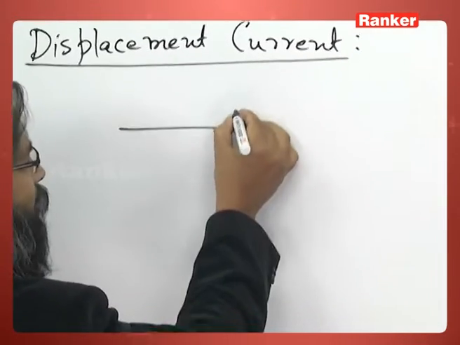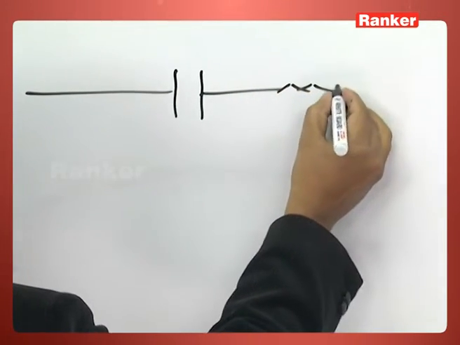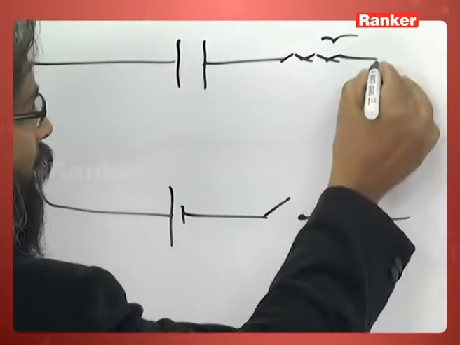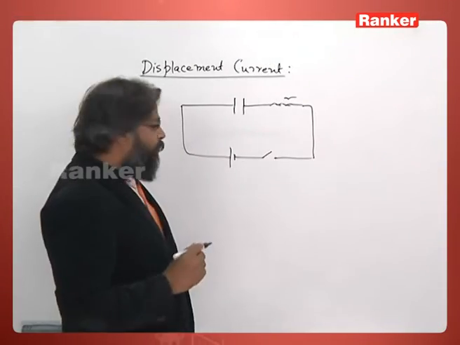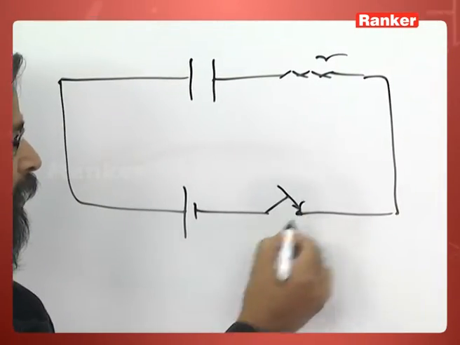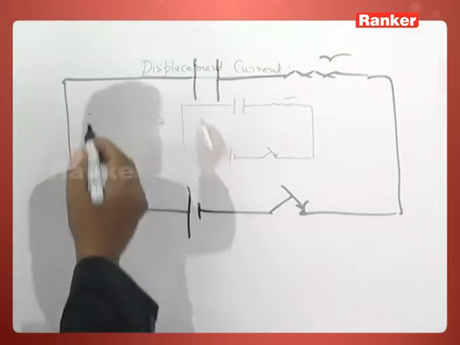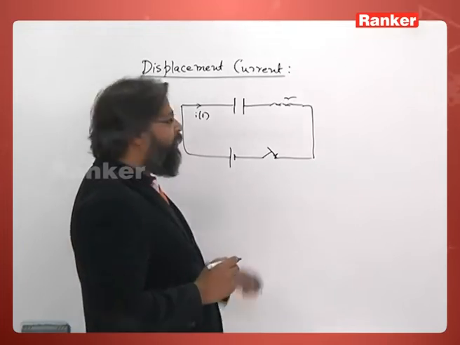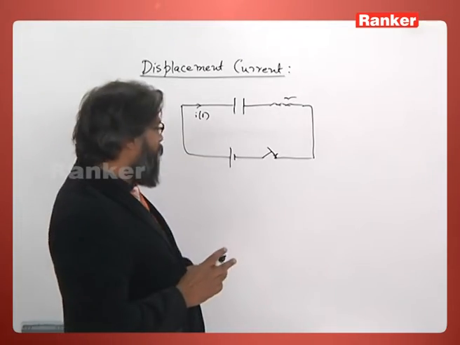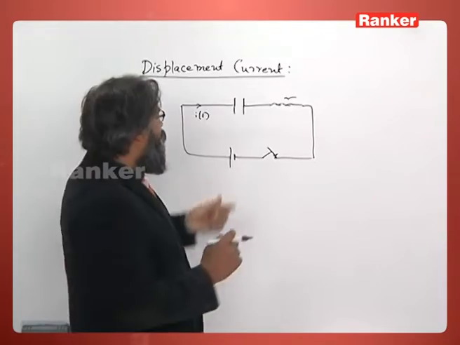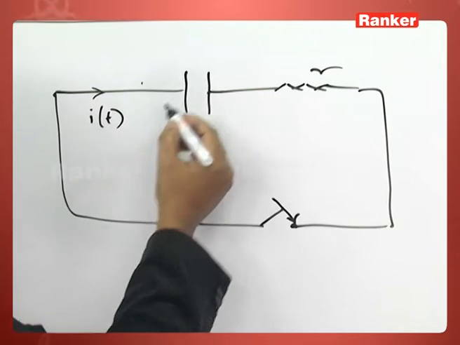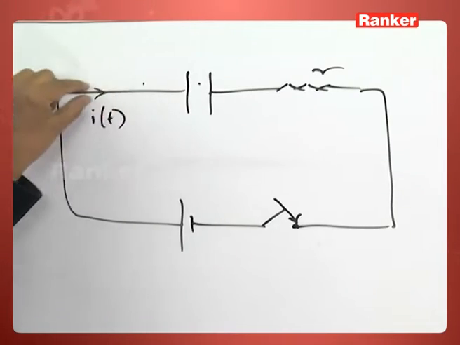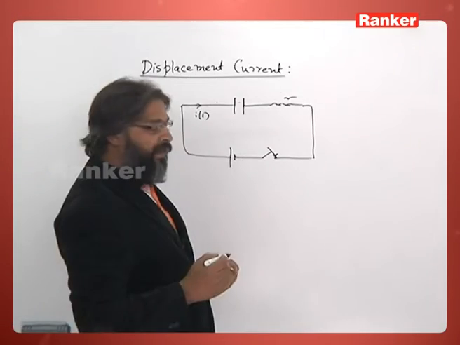Suppose this is my capacitor and it is charged, or we may discharge it through a resistor. When we press the key, the current begins to grow, current increases with time and the capacitor gets charged. So during charging, how the magnetic field will be built up in this region and this region we will study. We will apply Ampere's law on the time varying current.